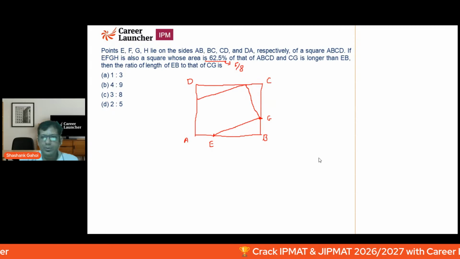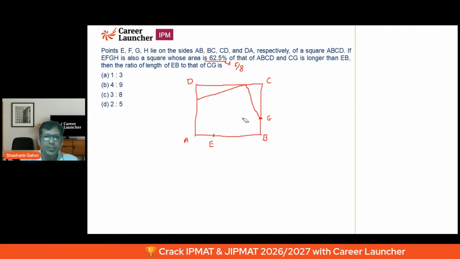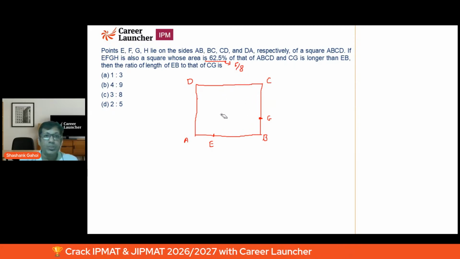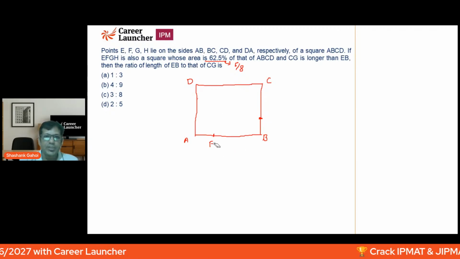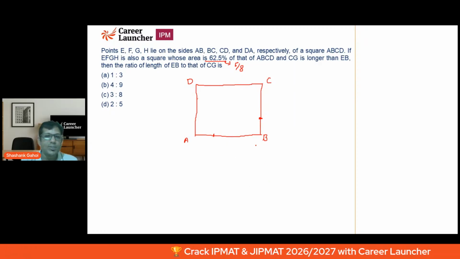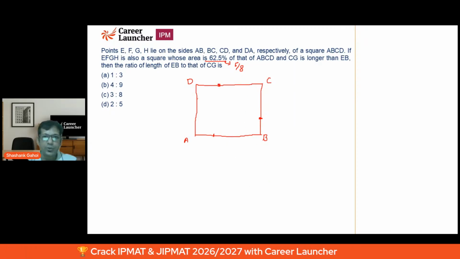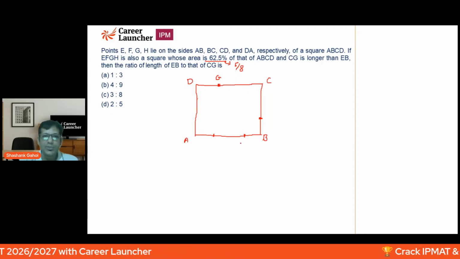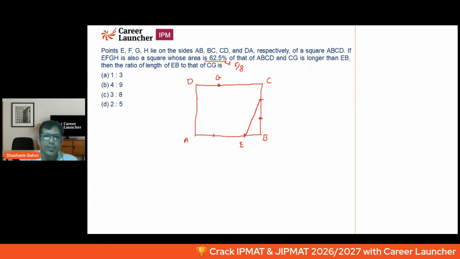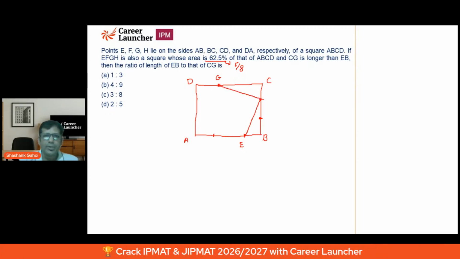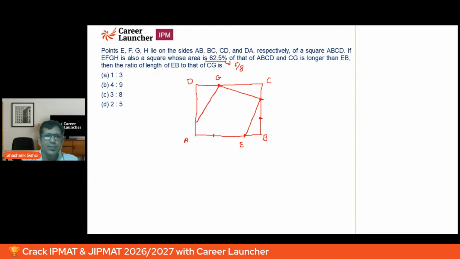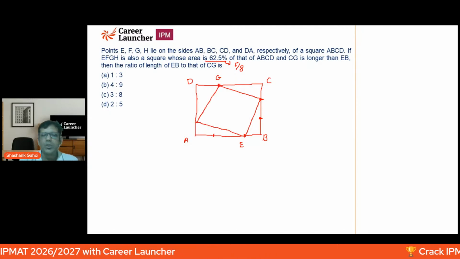Let me redraw the shape. G lies on CD. So CG is going to be here, this is G, and that is greater than EB. So E is going to lie somewhere here, and the square is going to look like this. Anyhow, it doesn't make a lot of difference.